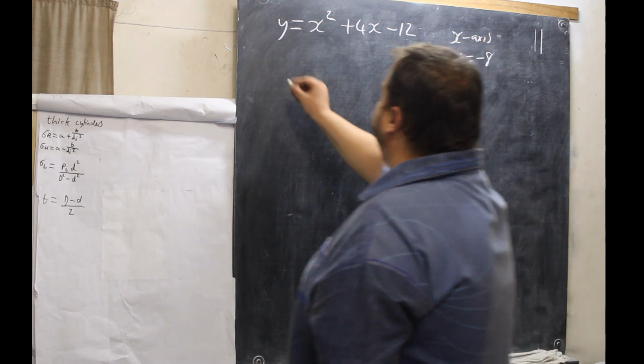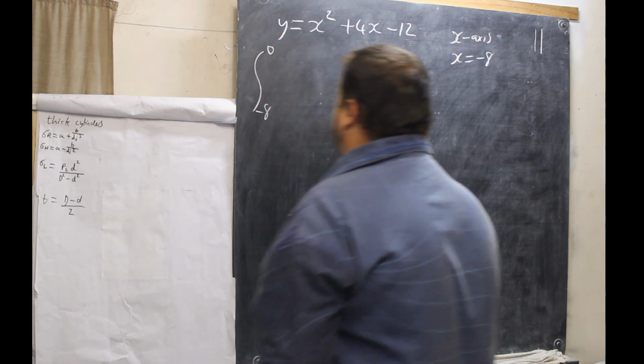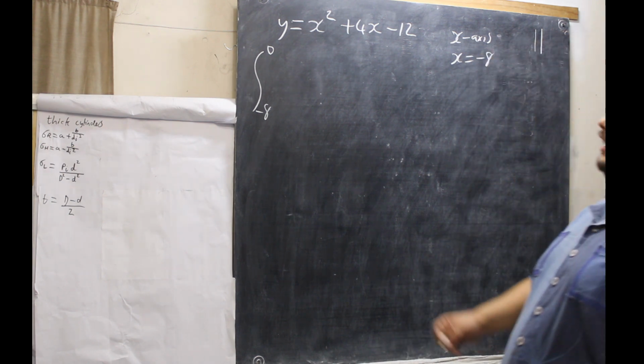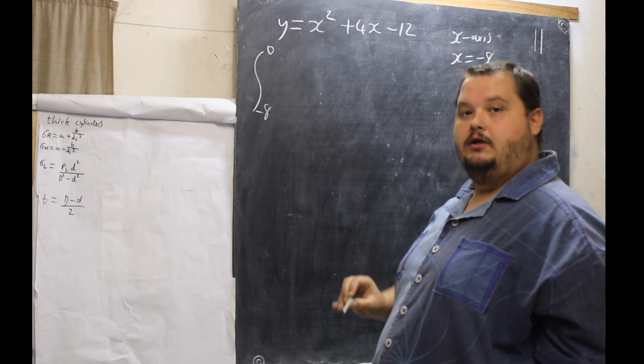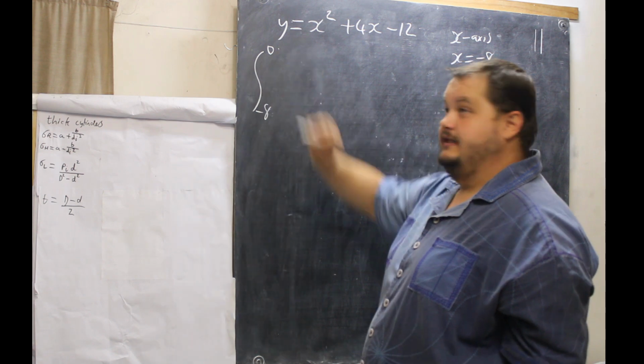So now we integrate 0 and minus 8. Don't get them switched around. Your upper limit goes at the top and your lower limit goes at the bottom. Always remember that. And minus 8 is less than 0.